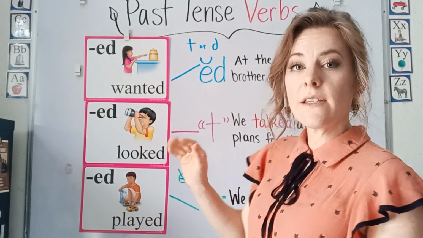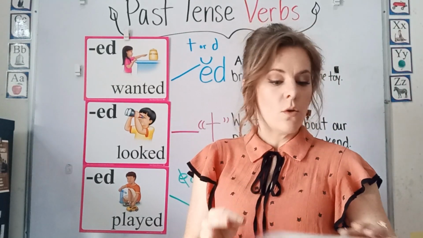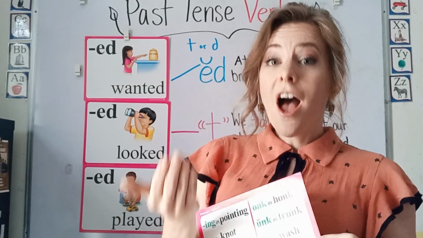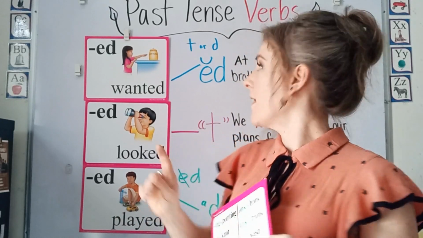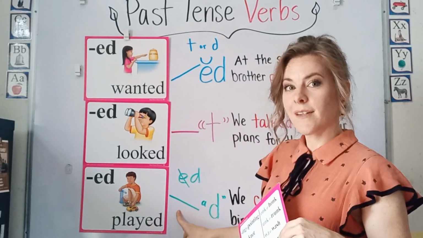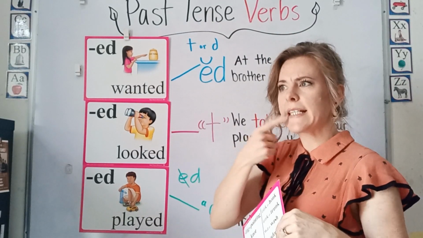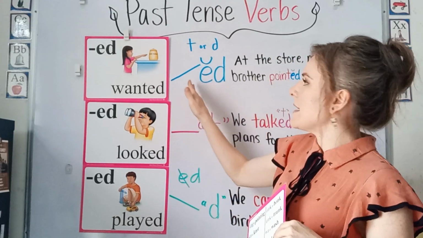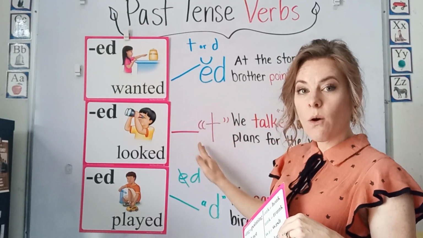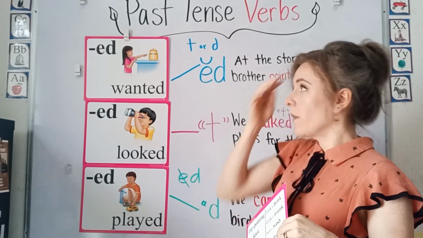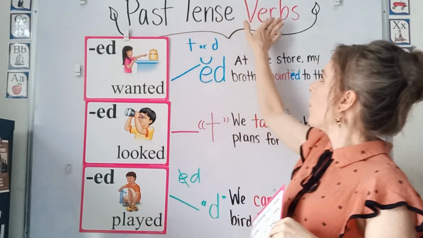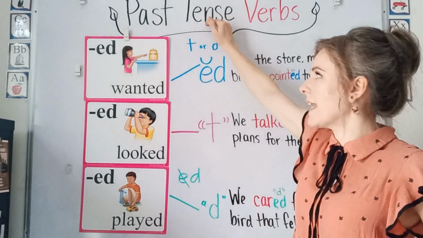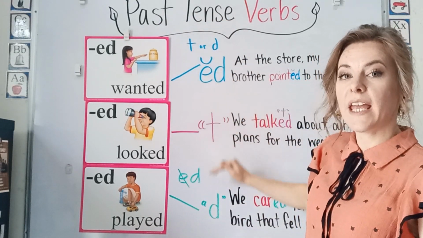All right, so it is important when you are reading or speaking to know ed makes three sounds. Which sound do I need to say? Or which sound do I need to read? Okay? Is it ed? Is it t? Or is it d? Okay? So when we're changing a verb to a past tense verb, we usually add the ed to the end of it.